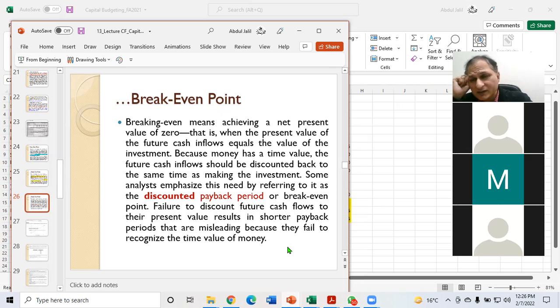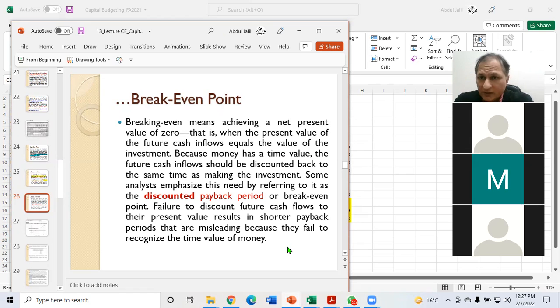Whenever you are applying the discounted payback period, you have to use discounted values, because a future cash flow, even the same amount of money you are saving over a period of time, has lower value. So let's suppose you have invested 5 million rupees, and 5 years is the payback period. Let's suppose 1 million is recovered every year.